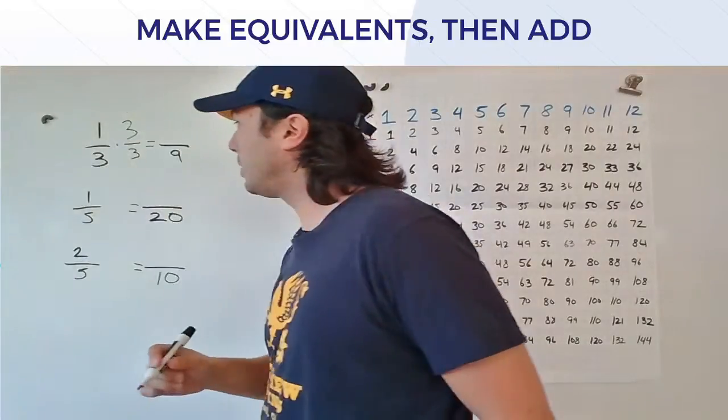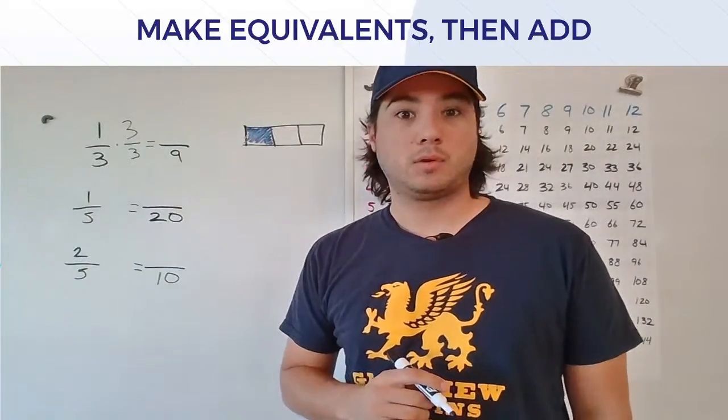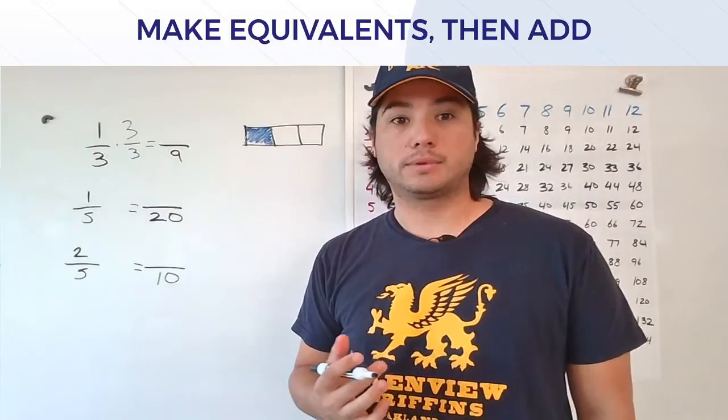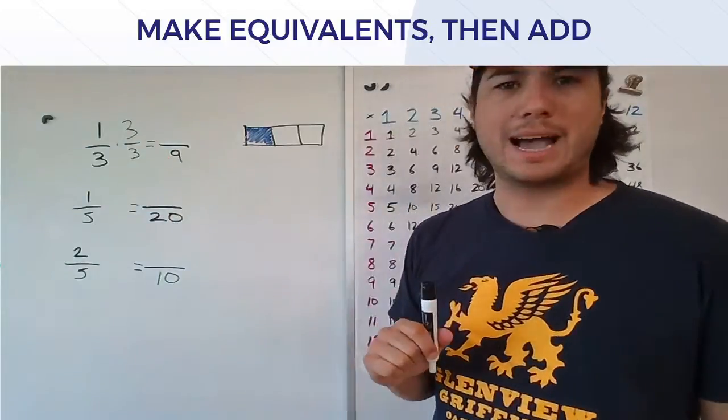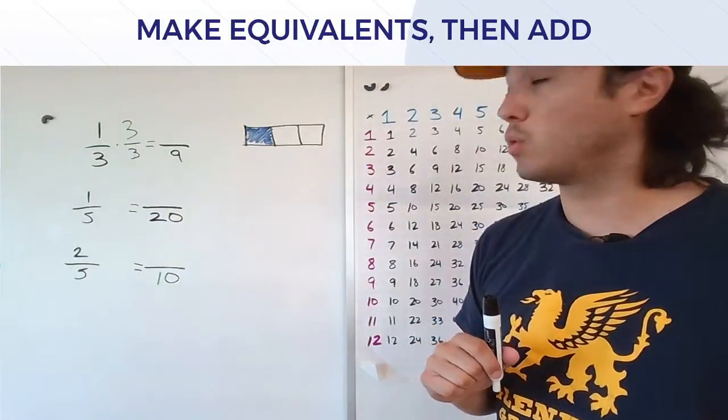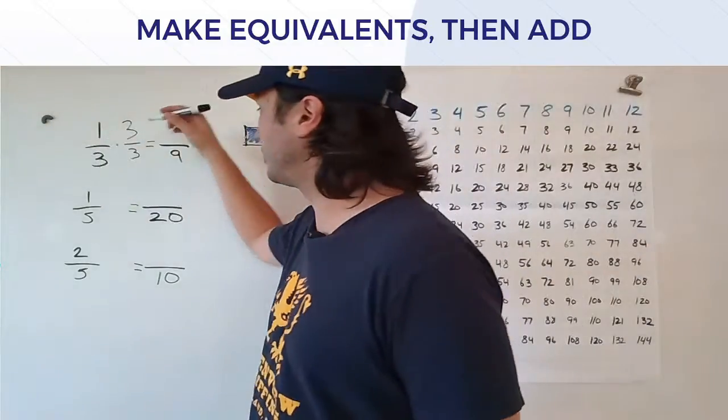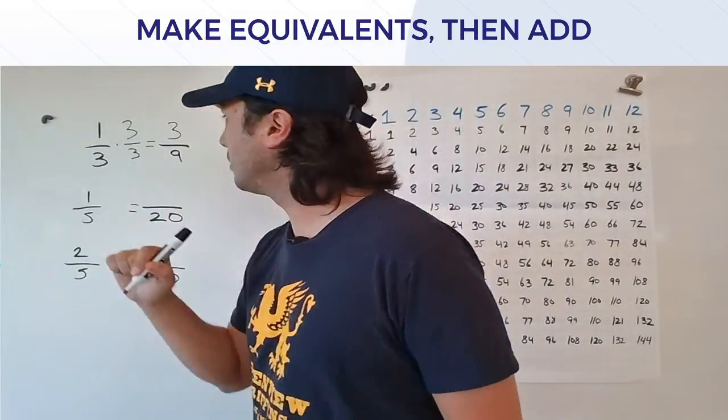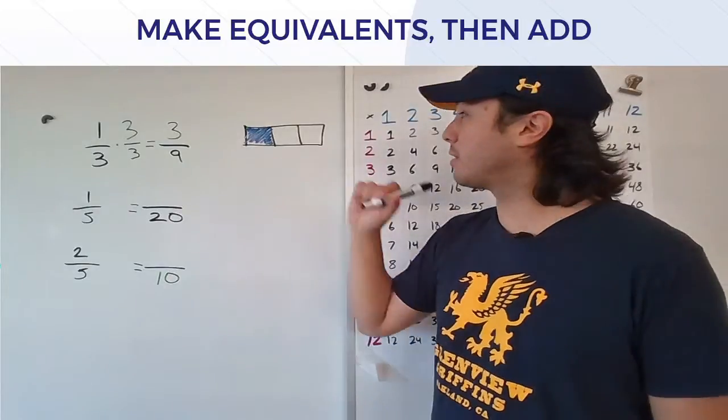If we're multiplying by 3/3, we're multiplying by 1. So the value of our 1/3 is not changing. We're just dividing it into more pieces. And then 1 times 3 is 3. And we can prove that with our fraction bar.